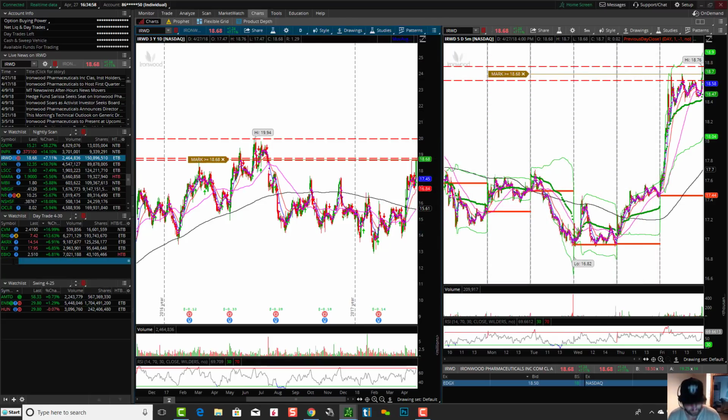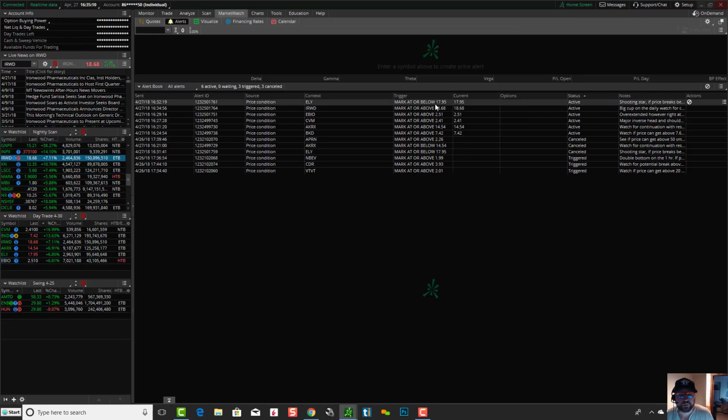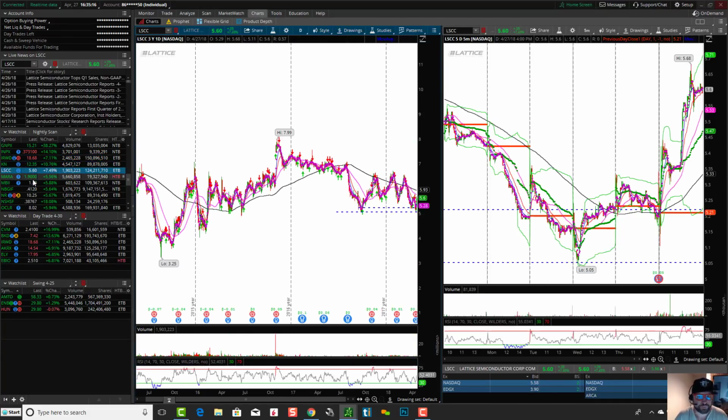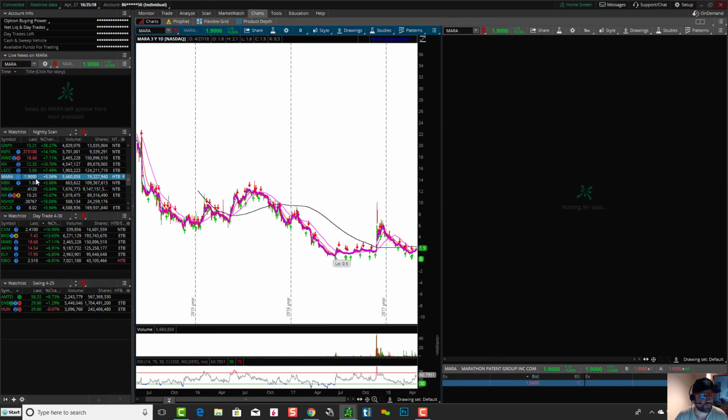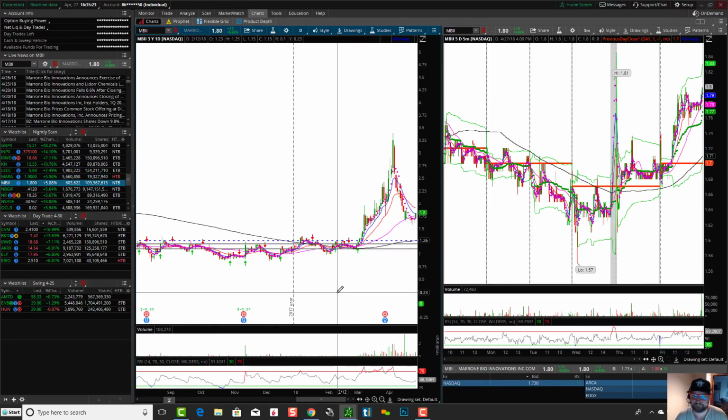IRWD. Let's see. Okay, so we do have one there. Perfect for short. All right, KN, nope. Nope. Possible. Just has that resistance there at the moving averages, so I don't like it.